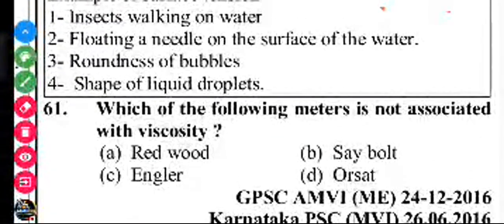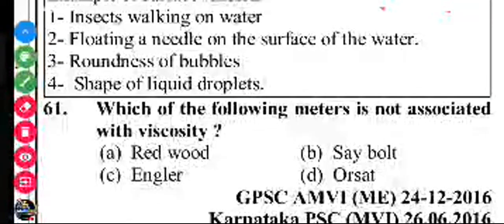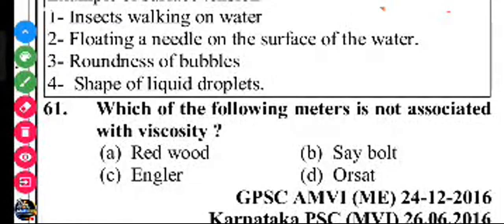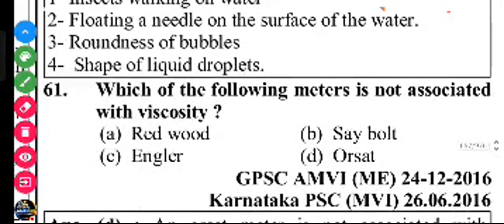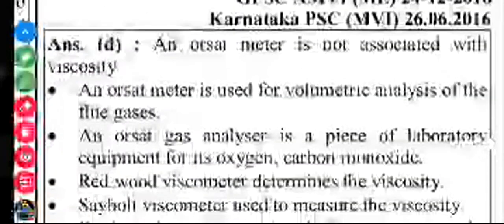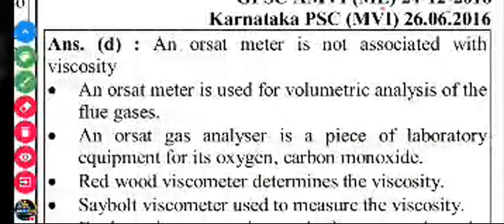Next question, which of the following meters is not associated with the viscosity? A. Redwood, B. Saybolt, C. Engler, D. Orsat. So, sorry, Orsat. So the explanation is given here.